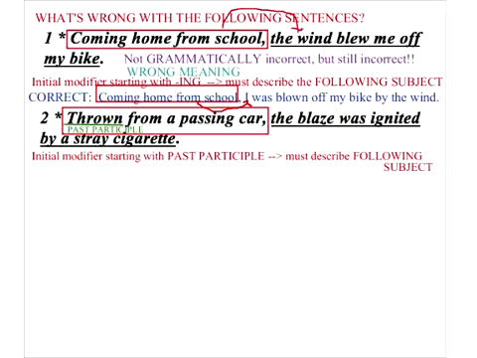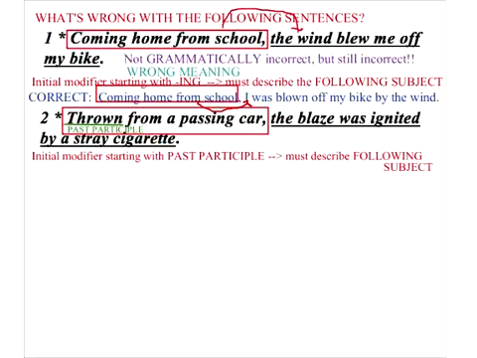It implies that someone is enough of a comic book style champion that they can actually throw a blaze out of a car. Which is nice and funny, but it's not the intended meaning of the sentence. The intended meaning is that a cigarette was thrown out of a car.